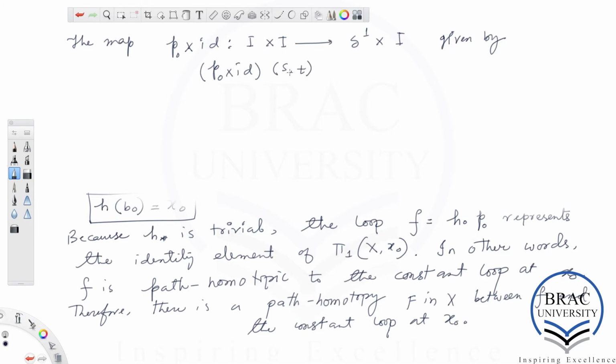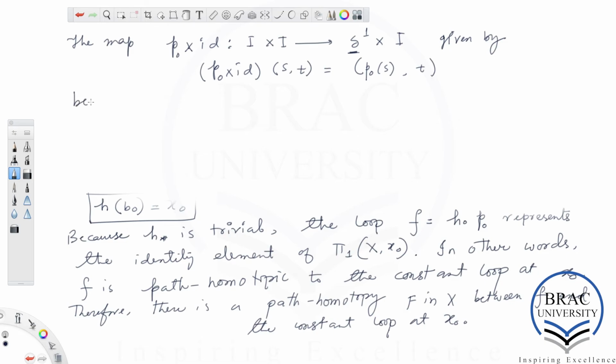So P0 cross ID evaluated at (s, t) is going to be equal to P0 of s, which is a point on the unit circle, right? And t is mapped to itself. So under the identity map, we get t back, right? So that's the pair that we have at the end.